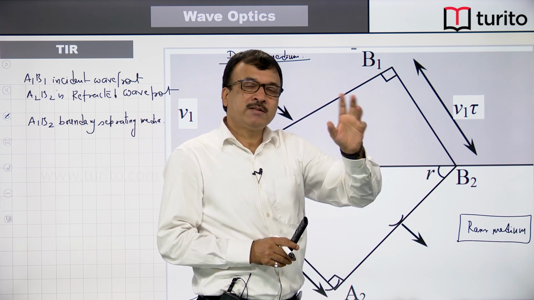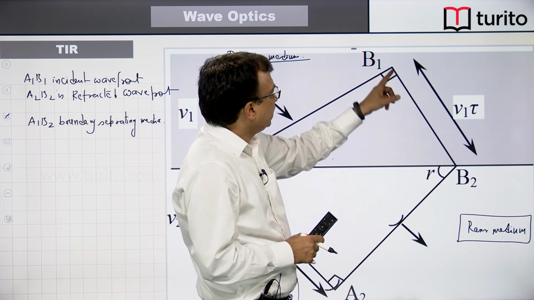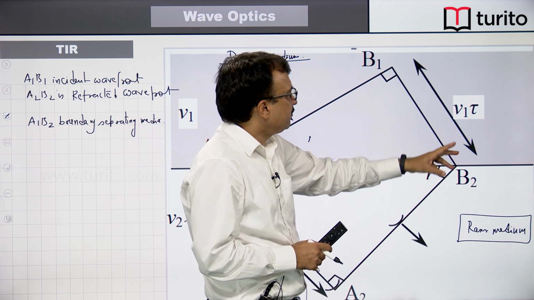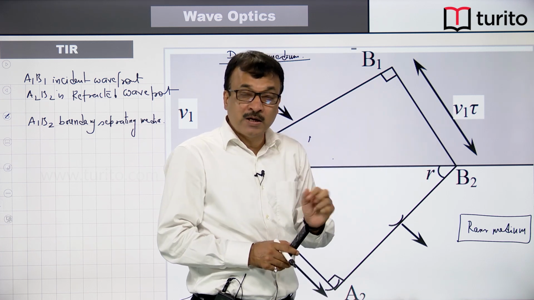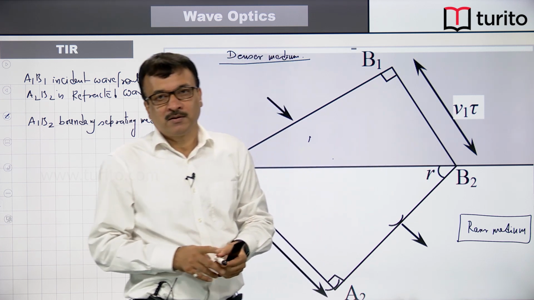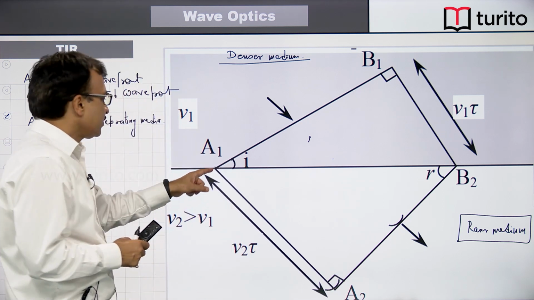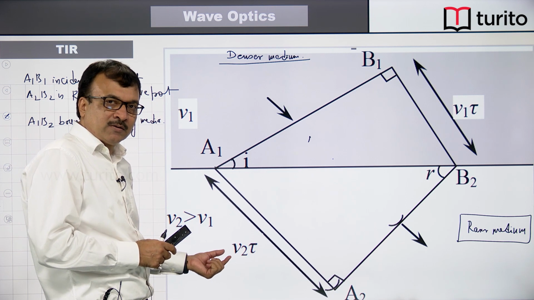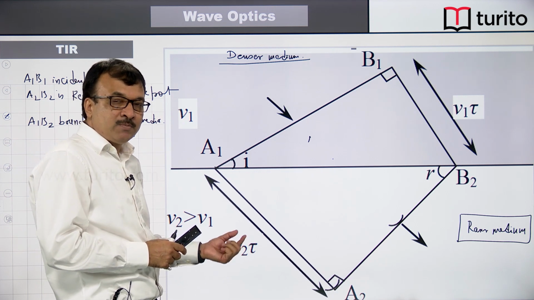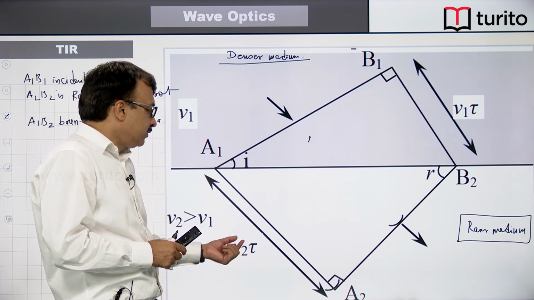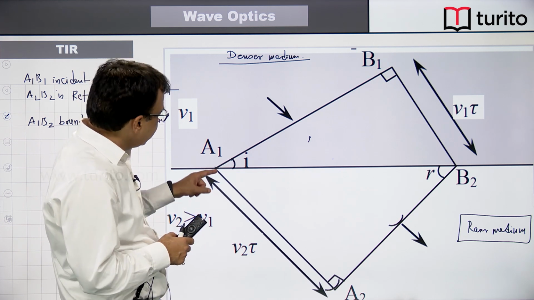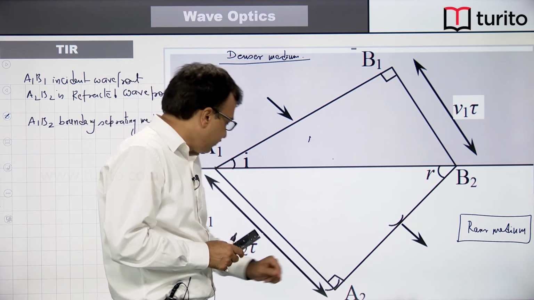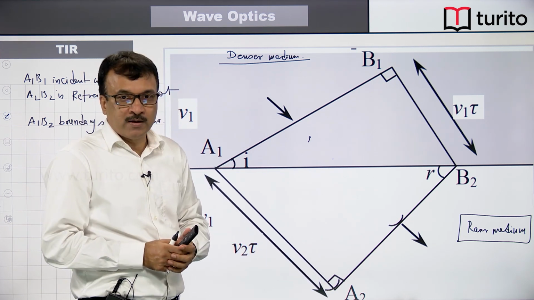So, how much distance has it travelled by this time? It has travelled the distance B1 B2, which equals v1 into tau. In the same time interval, this portion of the wavefront will travel in this medium, which is a rarer medium. Speed of the wave here is v2. So during the same time interval, it covers a distance A1 A2, which is equal to v2 tau.